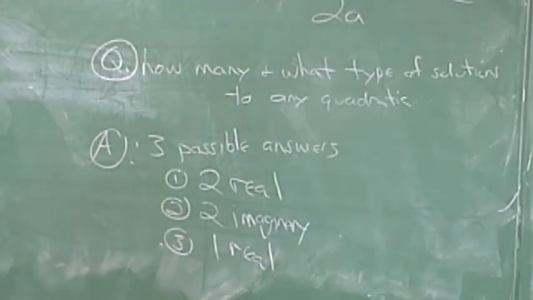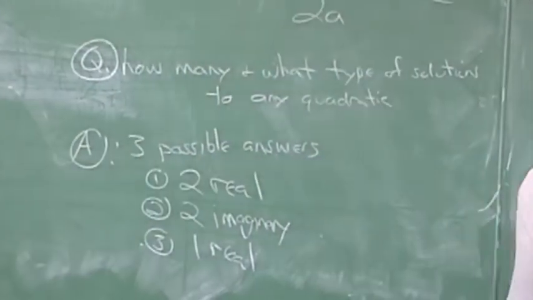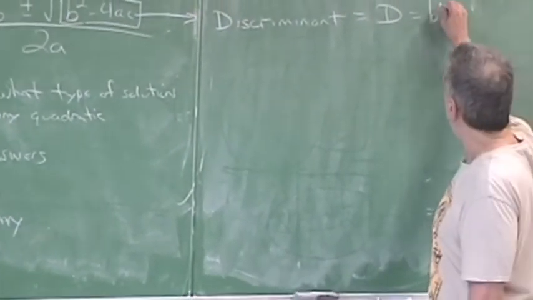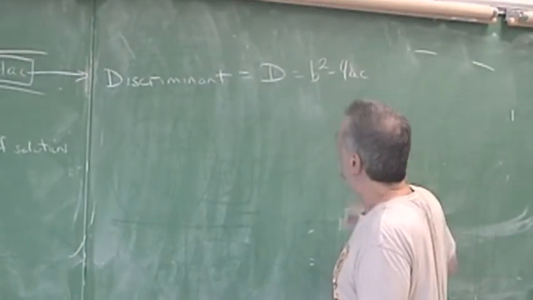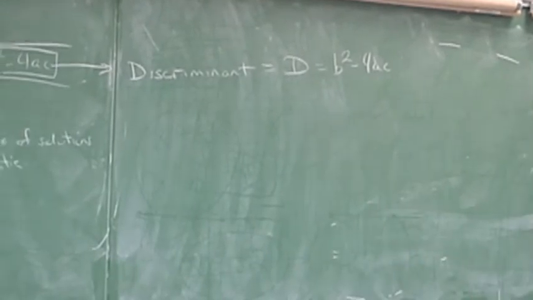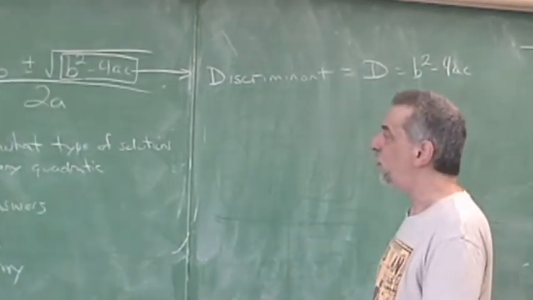Remember, those were the three possibilities. So the discriminant will tell us which of those three possibilities we have for any quadratic.